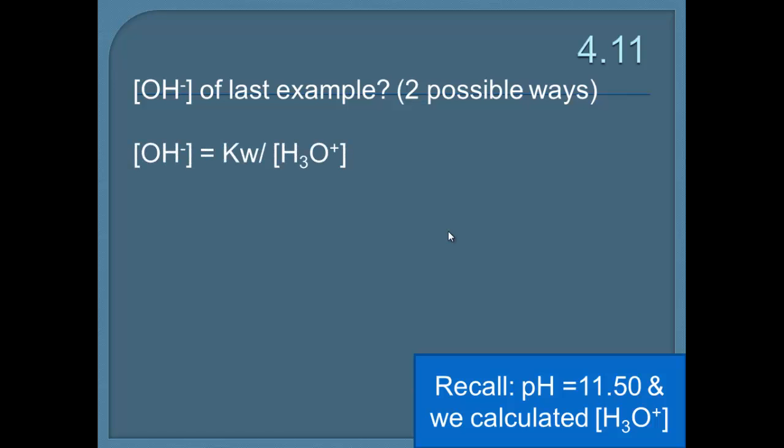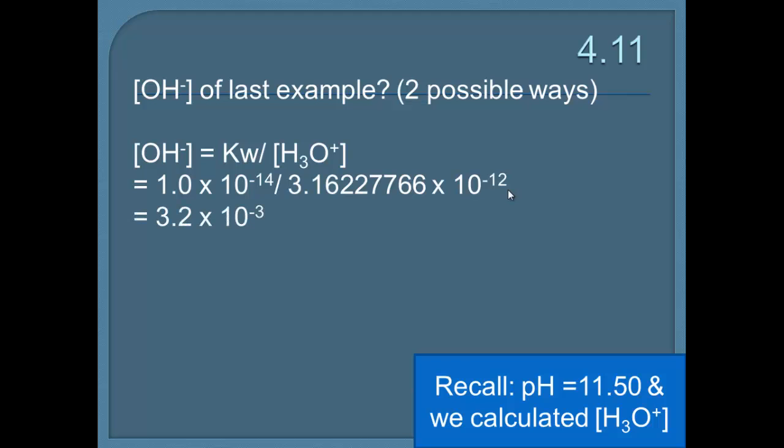So now, step 2 is determining OH minus, and what we do is we use KW, which we've been using since lesson 4.7. If we know H3O plus concentration, we know KW, we just plug these values into our calculator, show a little bit of work on our calculation, and we get a value of 3.2 times 10 to the power of negative 3. And that is our OH minus concentration.